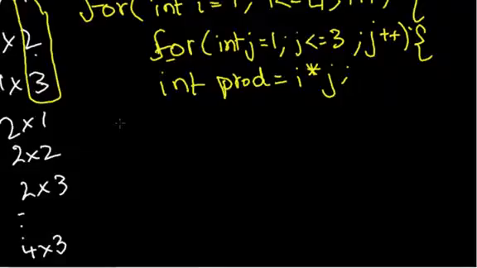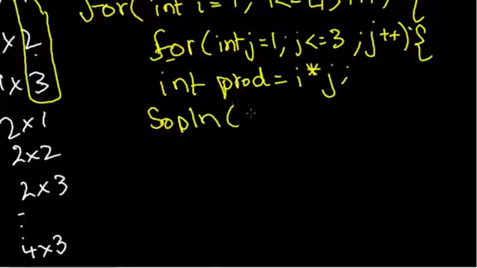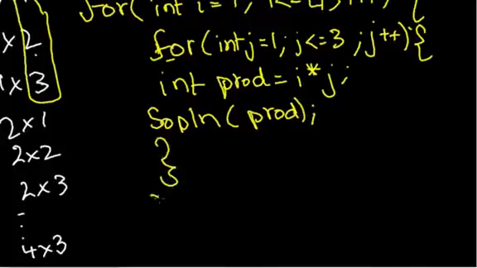And mind you, I'm still in this j loop out here because this is open. SOPLN prod, and here the j loop closes and the i loop closes.